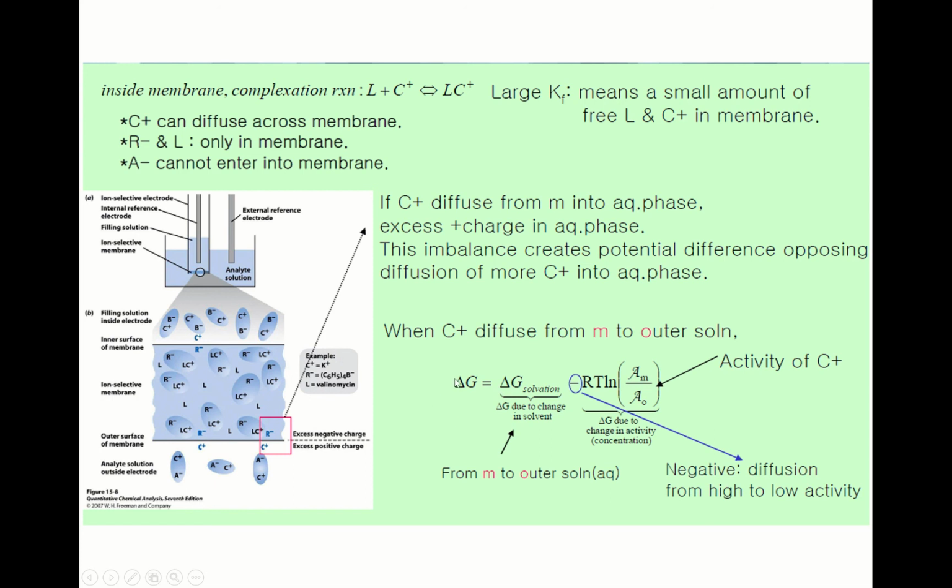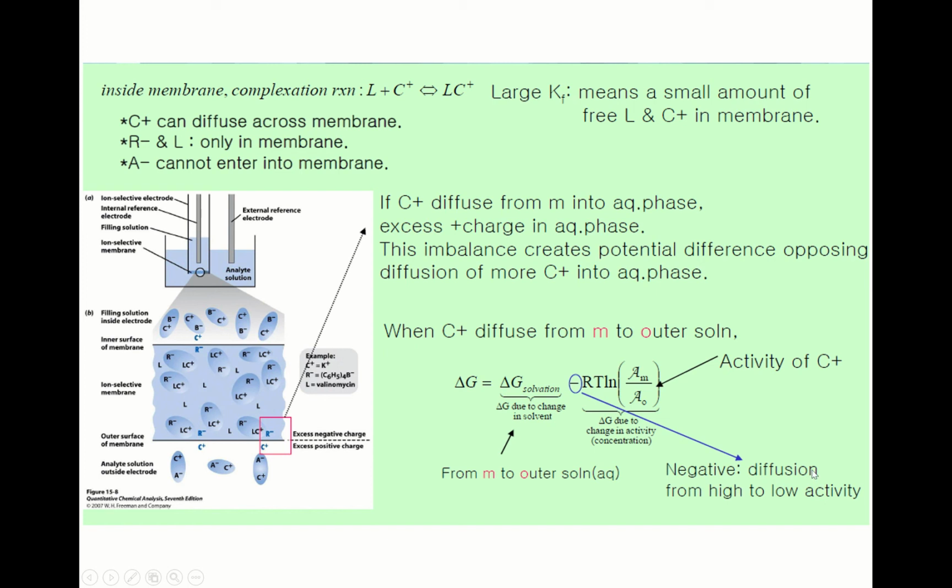Delta G equals delta G solvation, the free energy change due to change in solvent, and the minus sign depends on which we take as the reference. Anyway, let's take this negative sign.